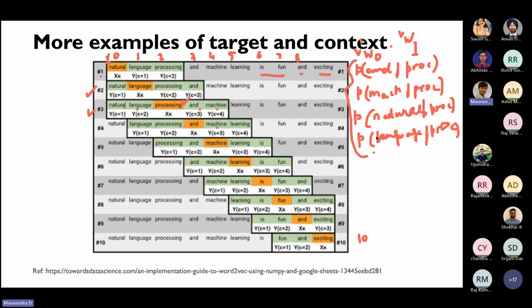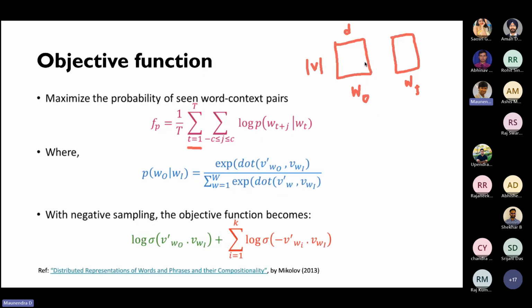All possible probabilities are expected to sum to 1, but if we only take the dot product, they will not sum to 1. Then we get the probability for the second one. Again, we get the vector from WI for processing, and the vector for machine from the W0 matrix, and that is now our new v prime.